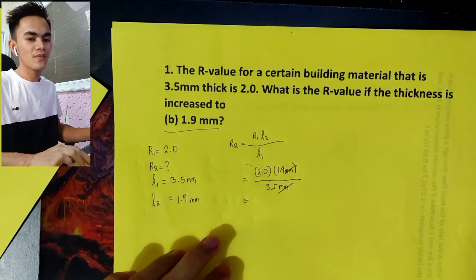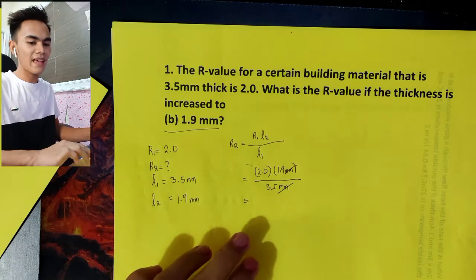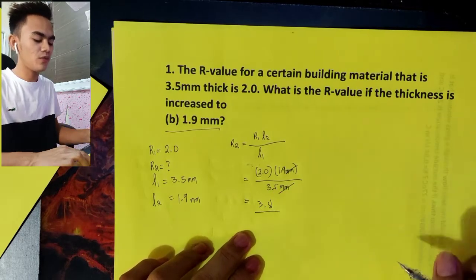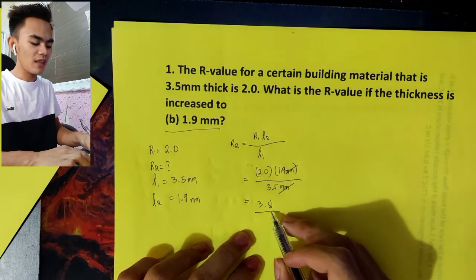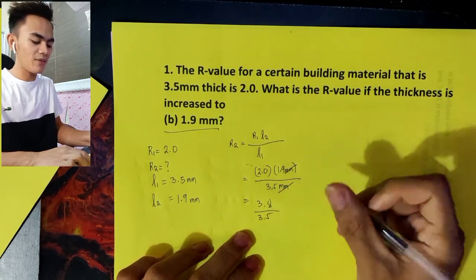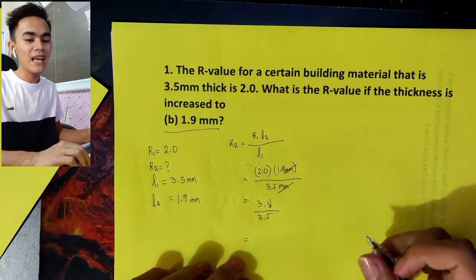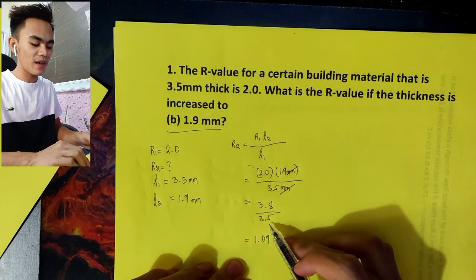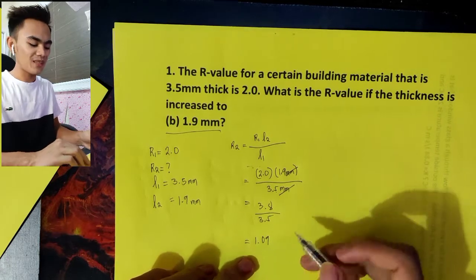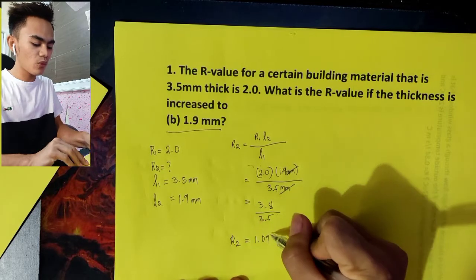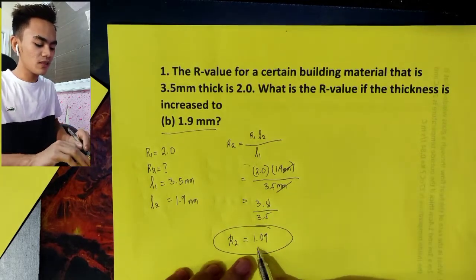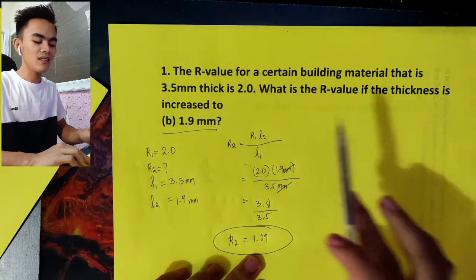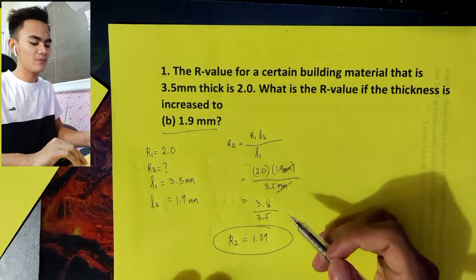So 2.0 times 1.9 is equal to 3.8, and we have no units. 3.8 divided by 3.5 gives our final answer of 1.09. So this is now our R2 value, the R value if the thickness is increased to 1.9 mm.